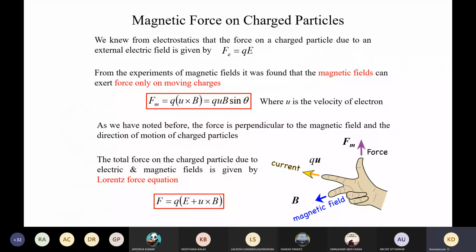Another very interesting and important topic, which is very useful in the practical world, is the force due to the magnetic field on a particular charge. We already studied that the very first equation is Coulomb's law. Coulomb's law clearly tells that from a source charge, force is always exerted on another test charge because of the electric field, which is exerted from the source charge and defined in this way.